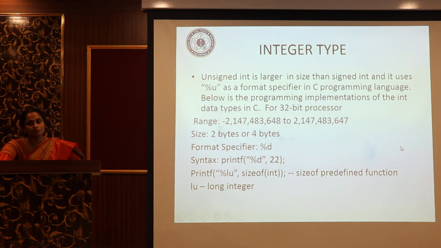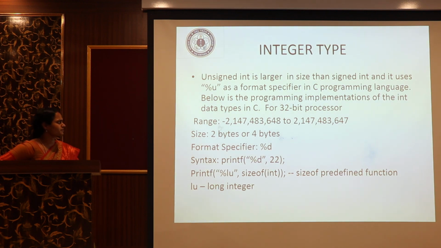I already told that unsigned data types are for large integers, and can be used to process that information. Here, for a 32-bit microprocessor, the range is around -2147483648 to 2147483647.